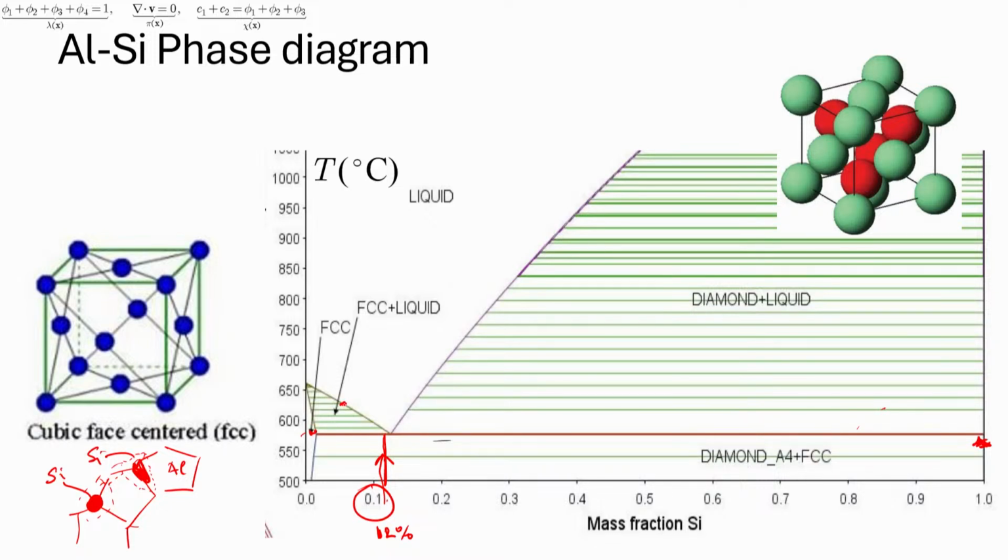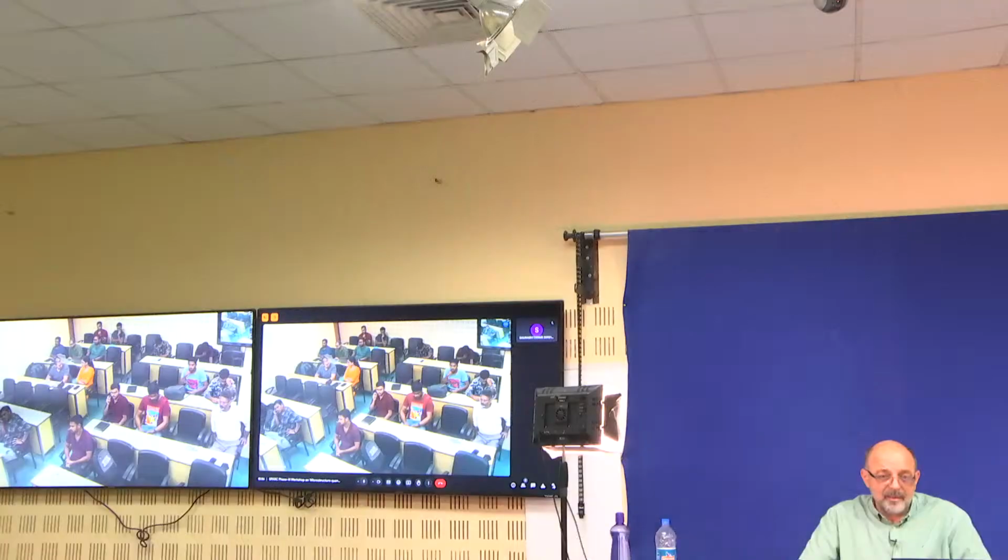Actually, never above 615. 610 is nominal. So which means that this pure aluminum will never reach melting temperature, right? Only it needs some silicon to melt. So it melts from the interface as the silicon diffuses.